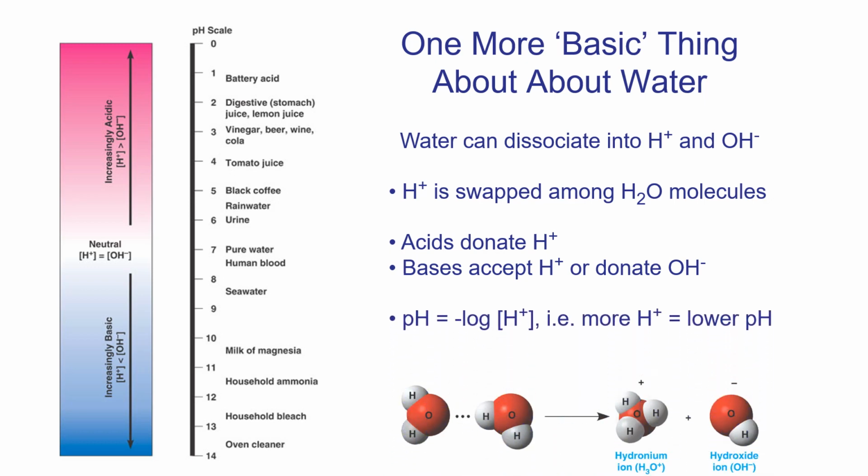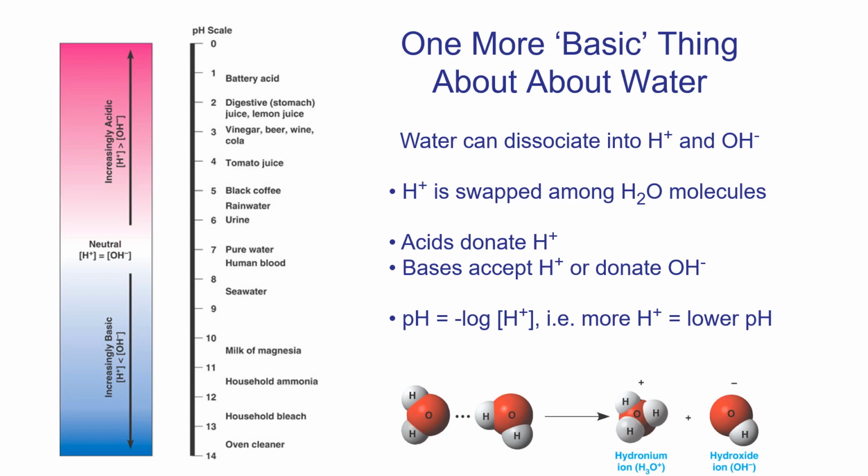Now pH refers to the concentration of hydrogen protons. That's what the square brackets mean. You might have seen that in chemistry. So pH is a measure of the amount of hydrogen protons in the water. And just to make things more difficult, it's a negative log. Now what does that mean?